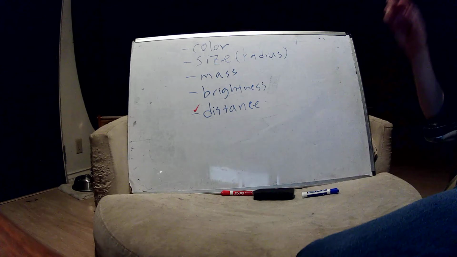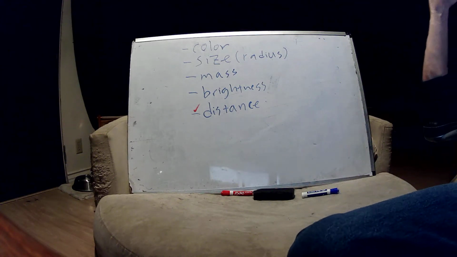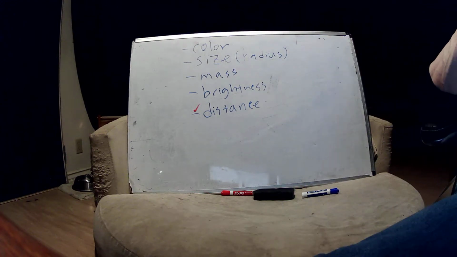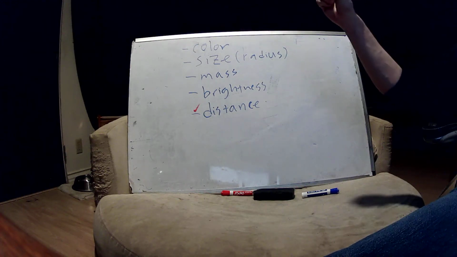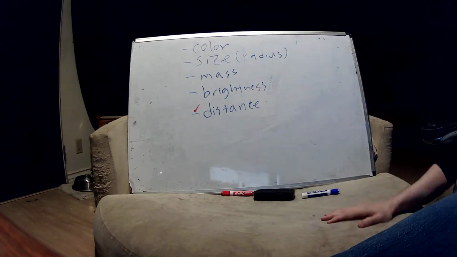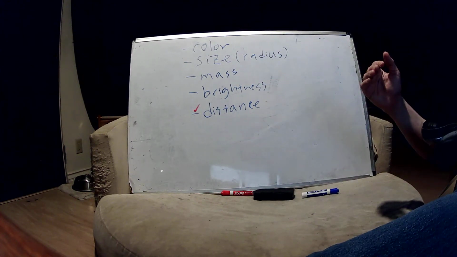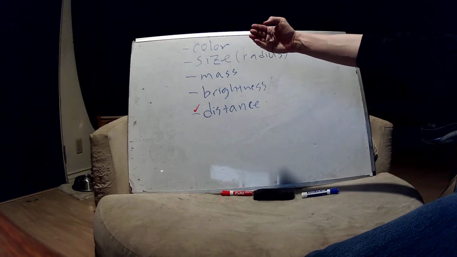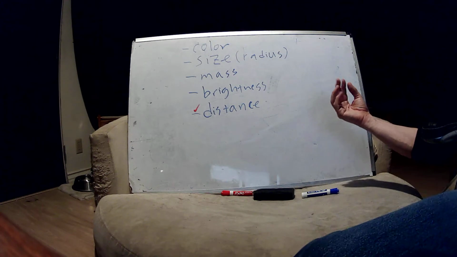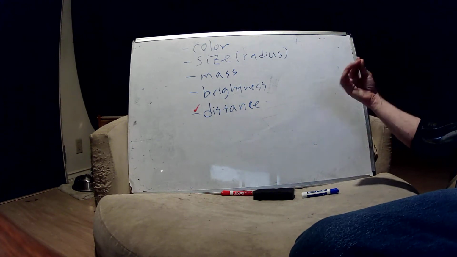Just like if we see a couple of lights a little ways away, but we know how far it is because we can see it moving, or there's a landmark near it, then we can tell how far away it is. And because we know how far it is and how bright it appears, we should be able to figure out how bright it actually is.